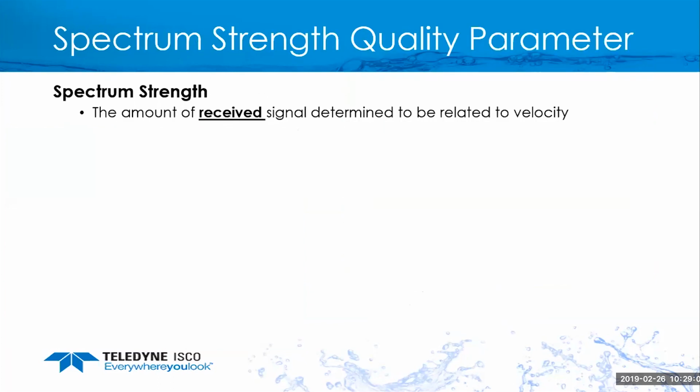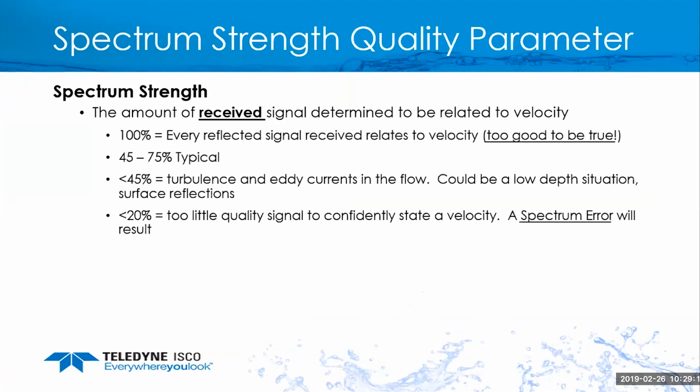Now the spectrum strength is the amount of received signal determined to be related to the velocity. Once again, 100% is usually too good to be true, and what you're looking for is usually in the 45 to 75% range. The spectrum strength is the amount of good return signal that we're hearing.